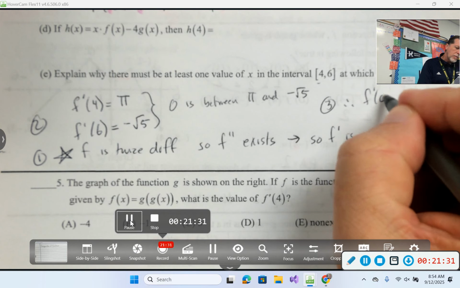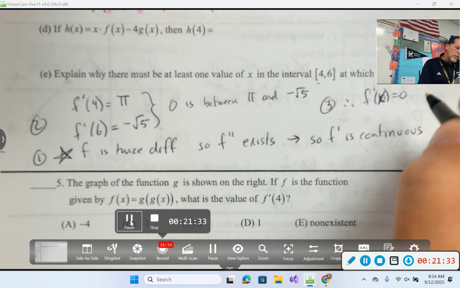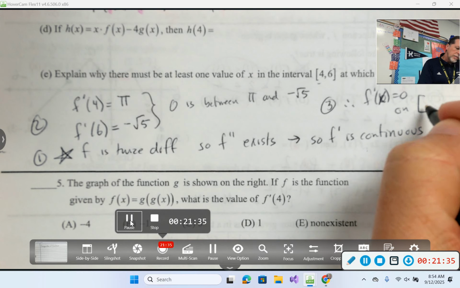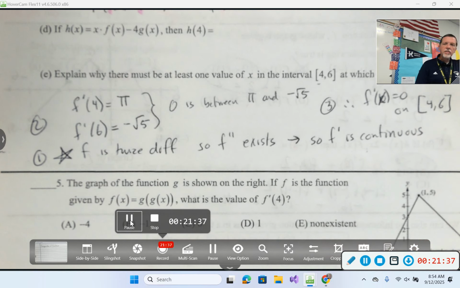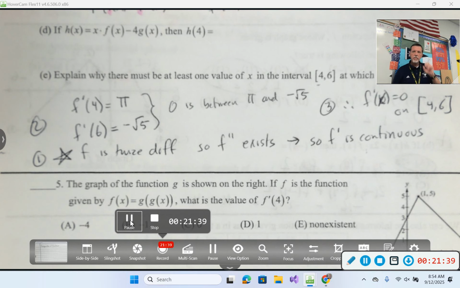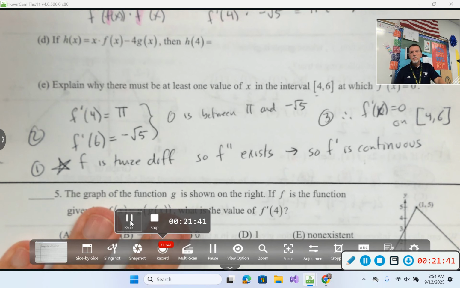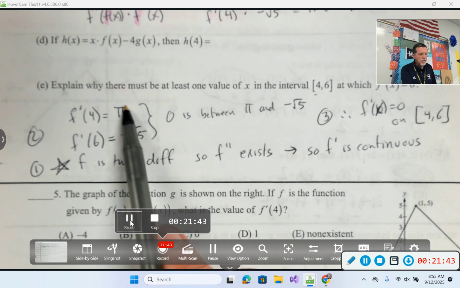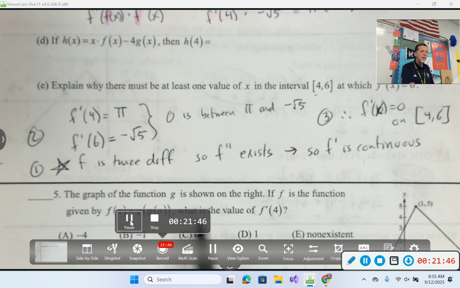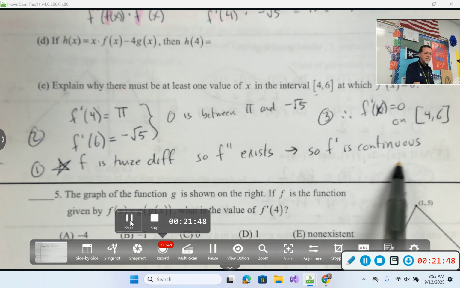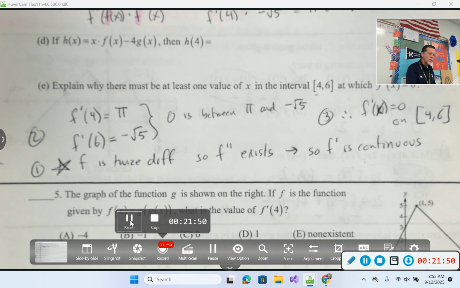Therefore, f prime equals 0 on 4 to 6, because 0 is in between the two endpoints, and we know that f prime is continuous.